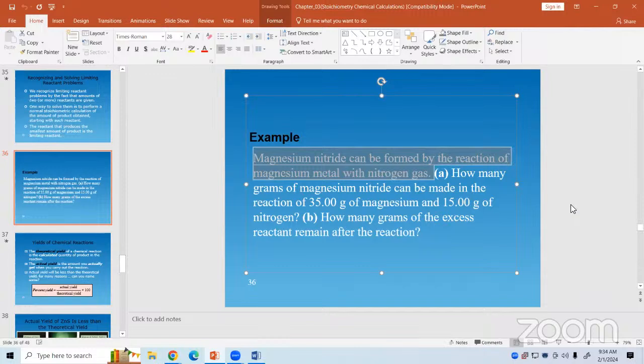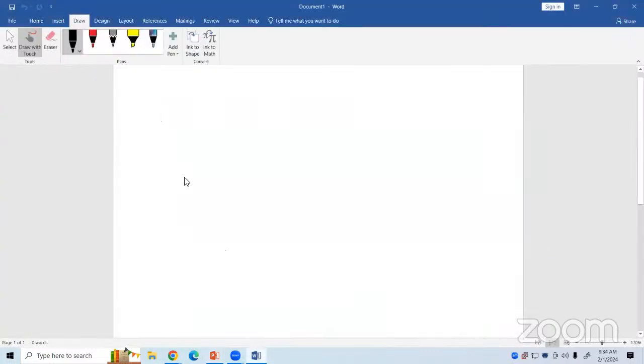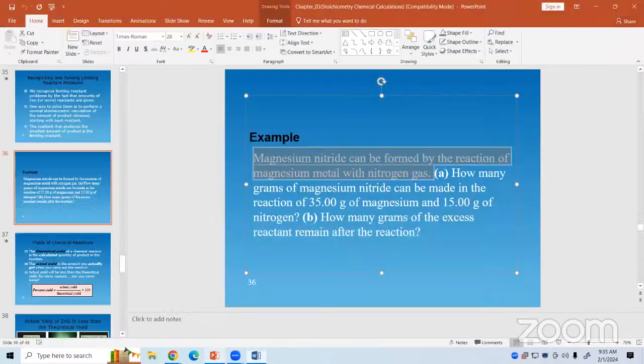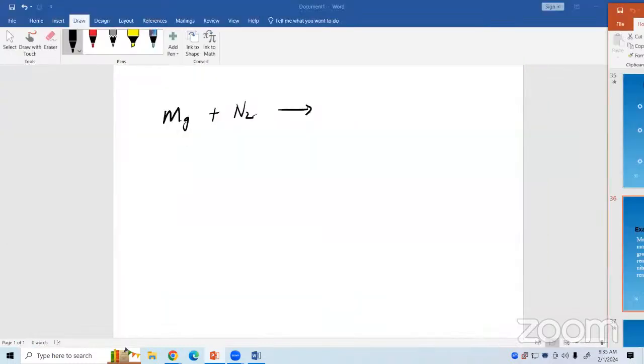So what would be the reactants in this case? Magnesium metal and nitrogen gas. Okay, so the first thing I'm going to write down here is magnesium and nitrogen, which of course exists as N2, all right? And then what would be the product? Magnesium nitride. And what's the formula for magnesium nitride?